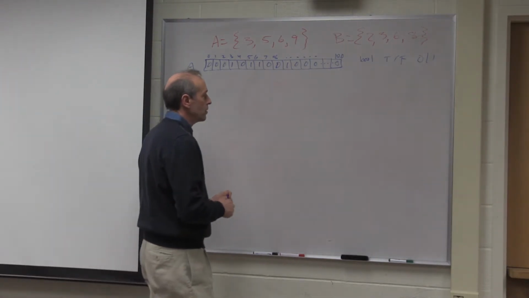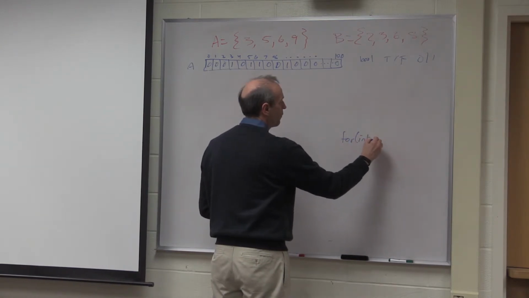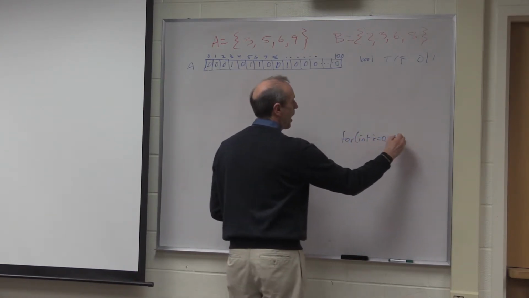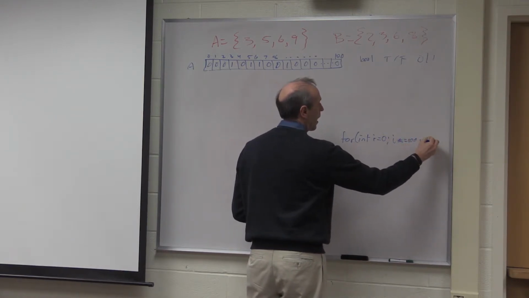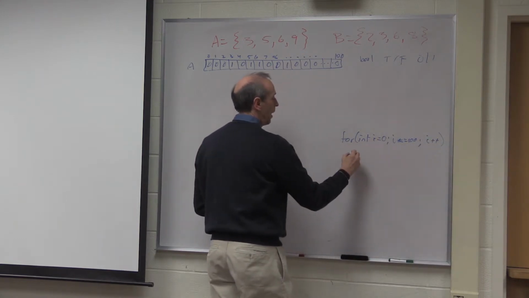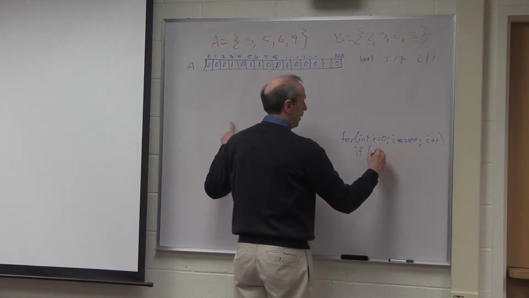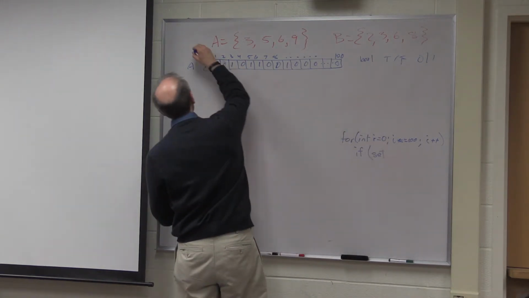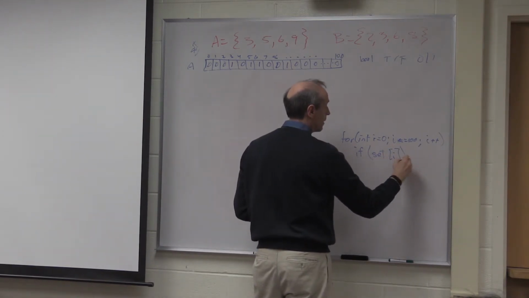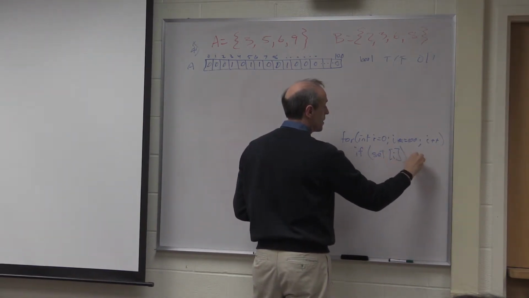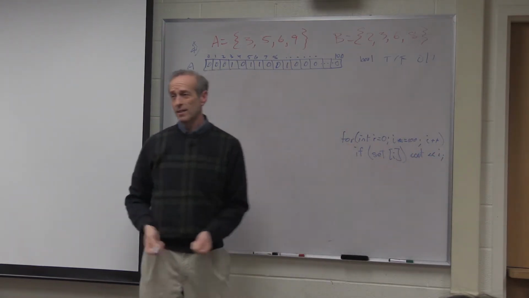So the print routine, for example, can say for int i equals 0, i less than or equal to 100, i plus plus, and we'll assume the array is called set. If set sub i, then cout i. It's that easy.